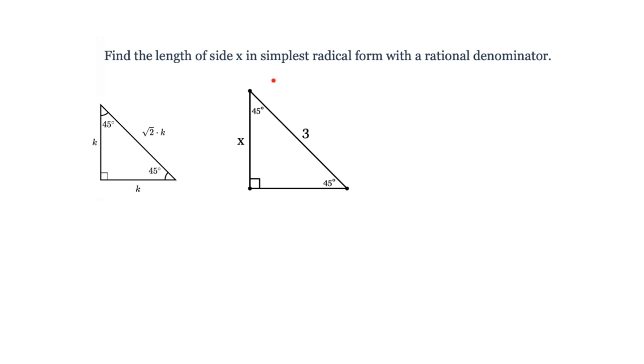So in this problem that you were given by your teacher, there's only one piece of information here, and that is the 3. So this 3 over here is on the hypotenuse. So here's what we're going to do to solve this problem. We're going to write down 3 equals, and then the 3 is going to equal the square root of 2 times, and it doesn't matter, you can use an x, a k, whatever variable you want to.